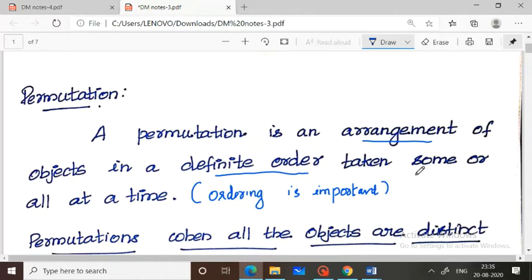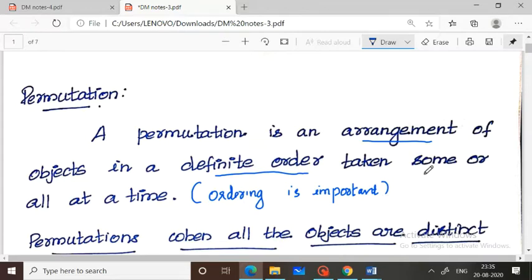In any of the cases, whether some or all at a time, the arrangement is important. A permutation is an arrangement, and that arrangement in a particular order is very, very important.